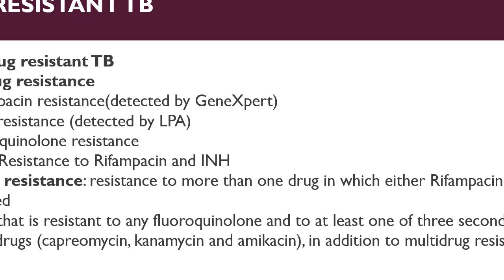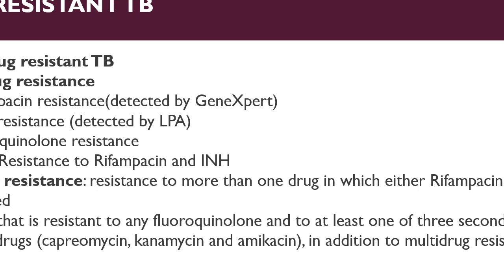Now, MDR-TB is defined as resistant to the two most potent drugs, that is rifampicin and isoniazid. Then we can have polydrug resistance, which is more than one drug resistant, but in this case either rifampicin or INH is sensitive.